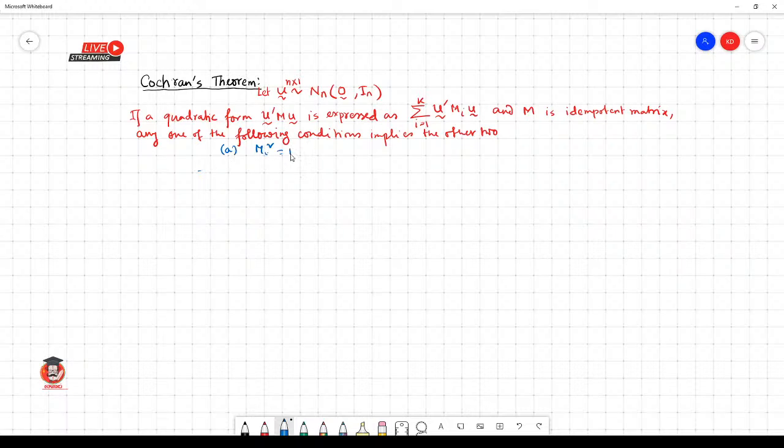A: M_i square equal to M_i, that means M_i is an idempotent matrix. B: M_i M_j equal to null matrix.